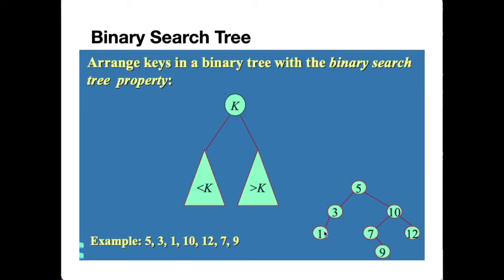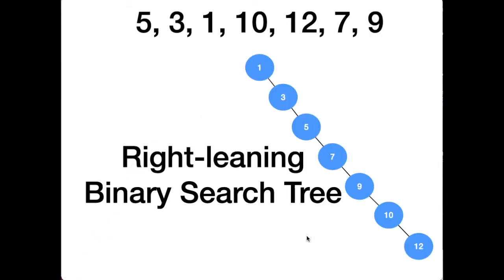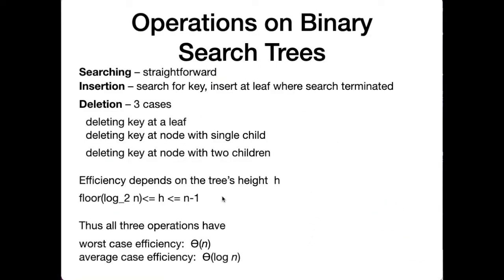So, nung nakita niya 1 and 1 is already a leaf node, alam niya na hindi nag-exist si 2. So, the running time for searching is the height of the tree. So, kapag nakarating na siya sa leaf at wala ng item doon, then the search will stop. Okay, so, it depends on the tree height.